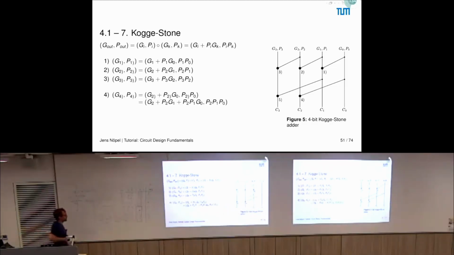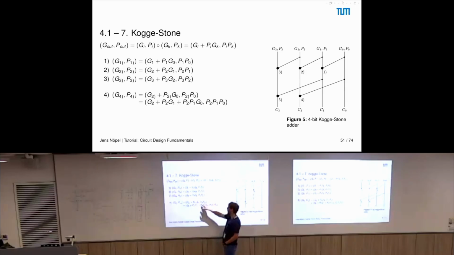So now the interesting part begins. We have a look at this point here. And here the same thing applies. We first go up. There is an intermediate point. We use this one, apply the formula, and go to the right, which is this one, and apply the formula as well. There we then get G of the intermediate 2 OR P intermediate 2 AND G0.